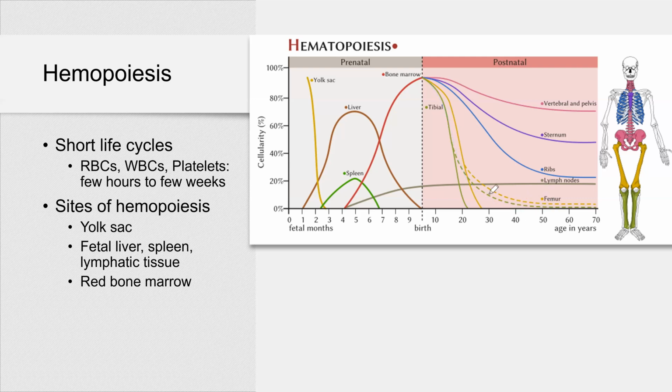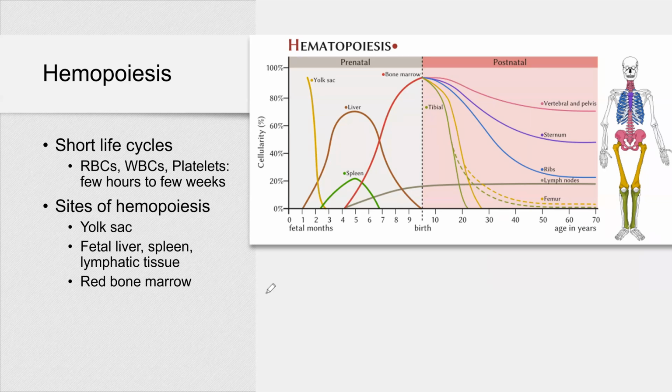You can see by the age of early 20s and late 20s, we do not have much production of blood cells in long bones, but we have it in flat bones like vertebrae, pelvis, sternum, ribs, and overall production of blood cells declines with age.